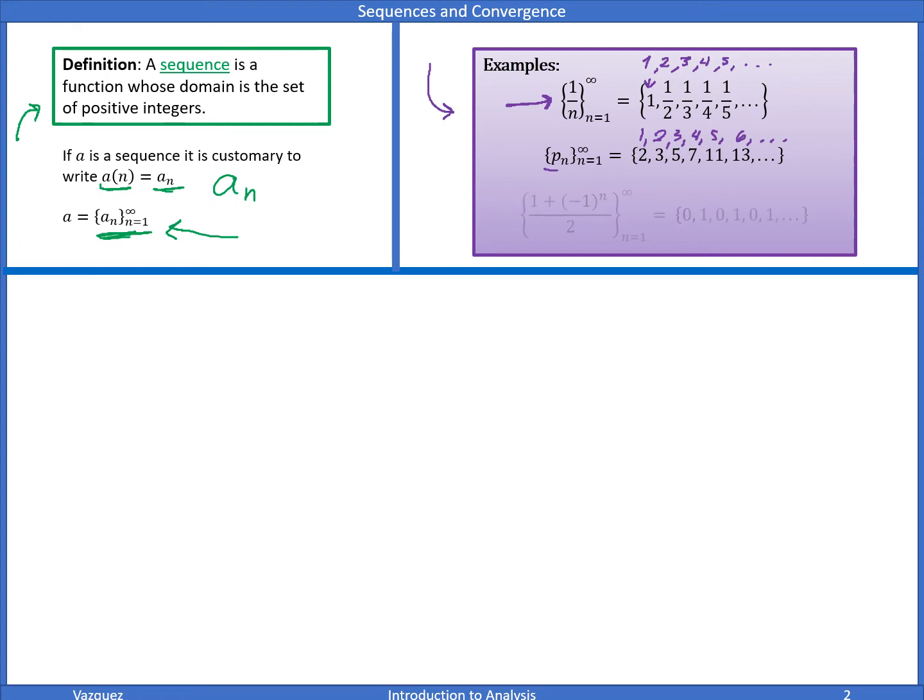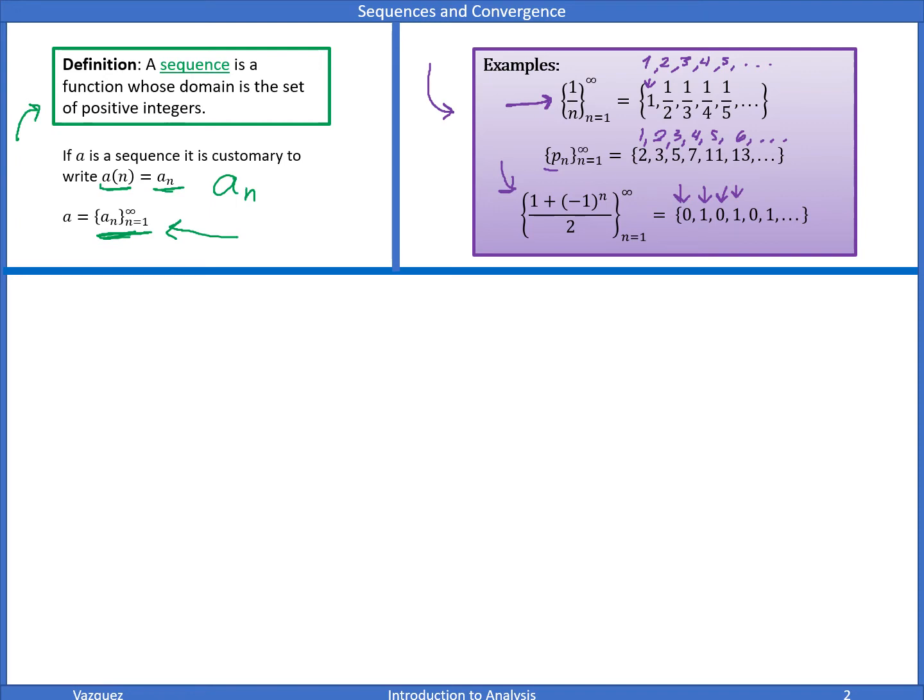Next is a sequence that looks a bit intimidating at first, but once you start noticing it, it just oscillates between 0, 1, 0, 1, 0, 1. So these are examples of sequences.